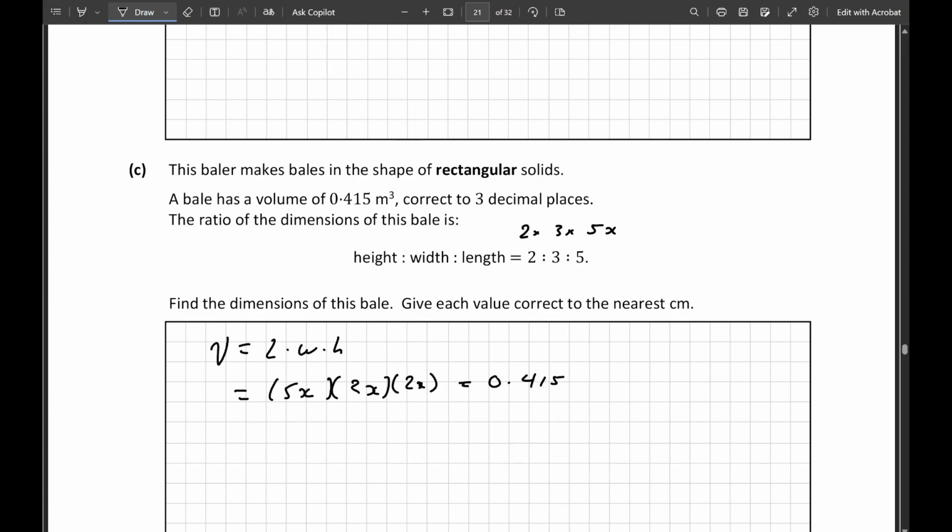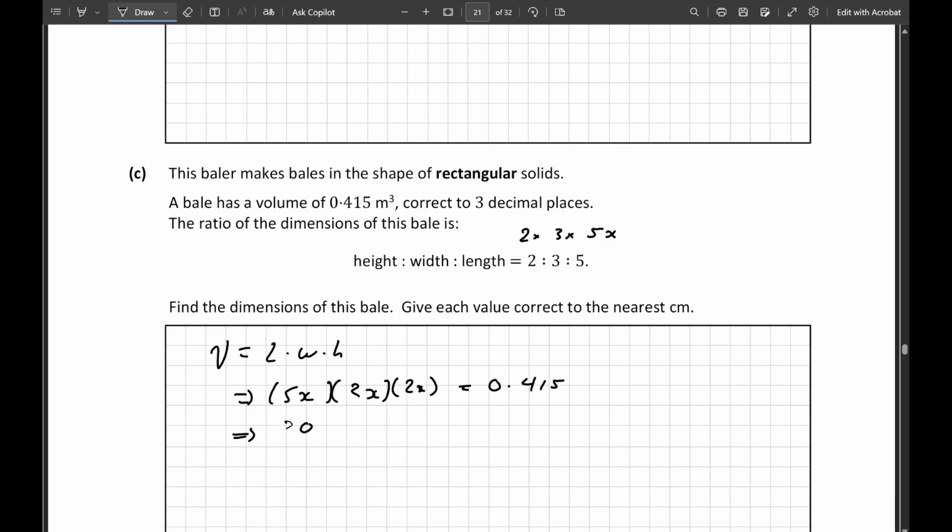So 5 by 3 is 15 by 2 is 30. So 30x cubed is 0.415. So x is just the cube root of 0.415 over 30, which is about 0.24. Awesome.